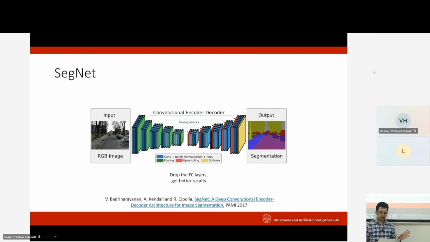You have downsampling, you have upsampling, and the part where you have the downsampling is called an encoder, and the part where you have the upsampling, that's called a decoder. You can also have connections across the encoder branch and the decoder branch, and those are important.